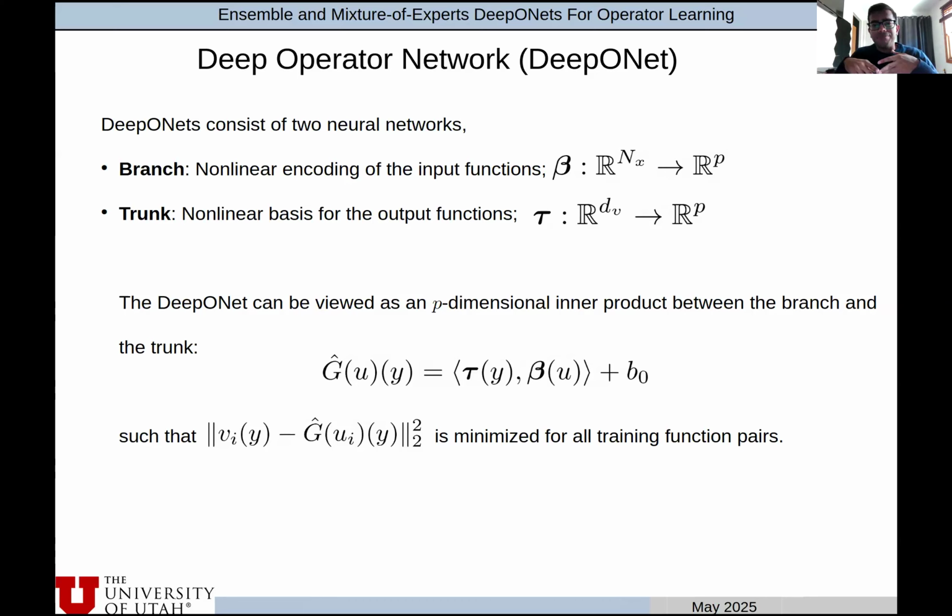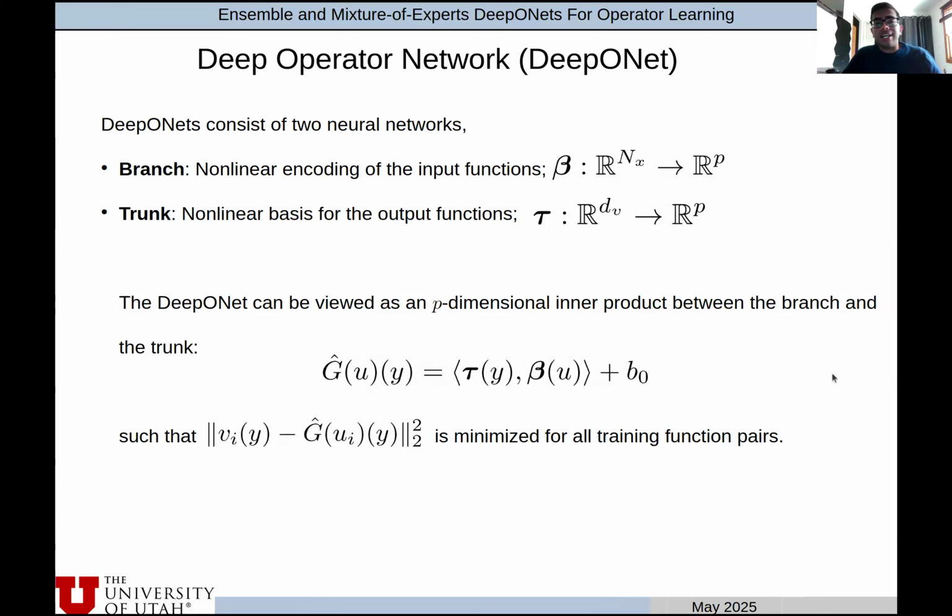which now becomes this nonlinear combination between input functions and basis functions for the output functions. And then G hat of u at y approximates the output function of any operator applied on u at a given location y.